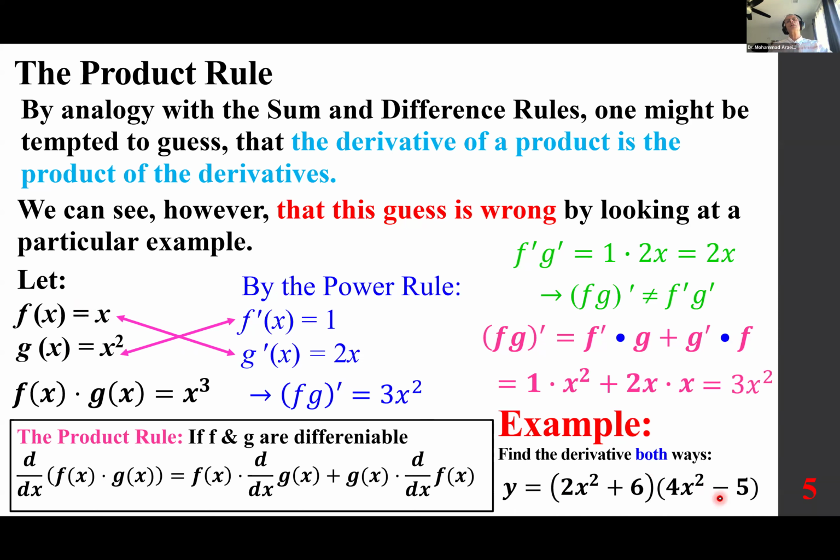If b squared minus 4ac is 0, you have one real solution, a rational solution. If it's negative, you have no real solution. You have two complex solutions in the form of a plus or minus bi. Furthermore, if b squared minus 4ac is a perfect square number, then ax squared plus bx plus c can be factored.